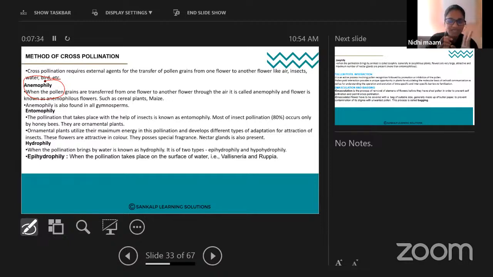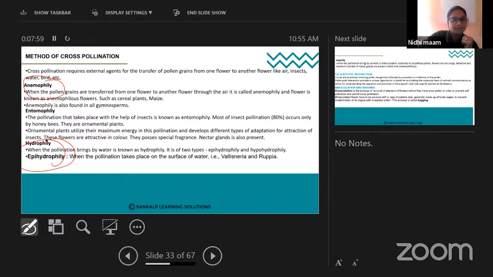In hydrophily there are two types. Where does hydrophily happen? In aquatic plants. In aquatic plants, sometimes the pollination occurs on the surface. If pollination occurs on the surface of the water, it is called epihydrophily. Epi means above, outer. And some of the pollination takes place deep inside the water.